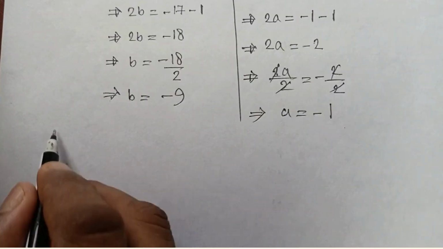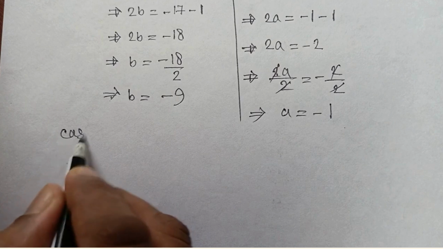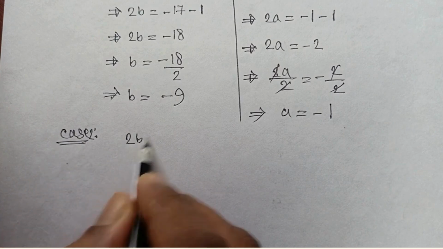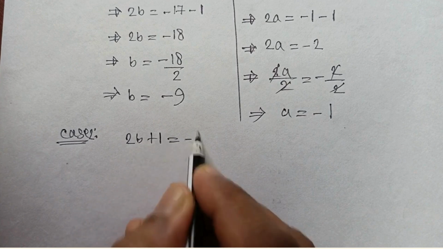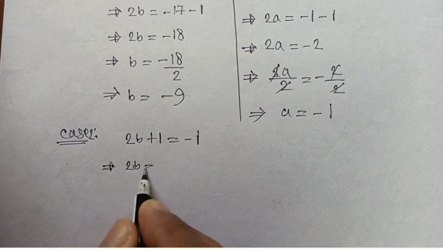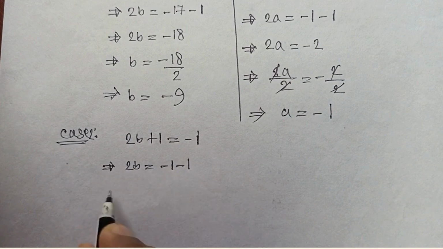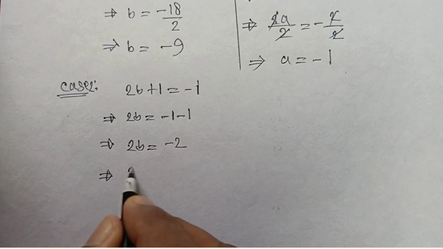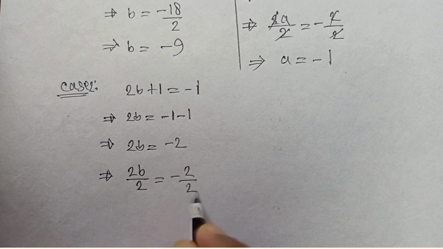Again for the second case, case 2: 2b + 1 equals minus 1, then 2b = -1 - 1, then 2b = -2. If we divide both sides by 2, it will cancel out, and we get the value of b equal to minus 1.